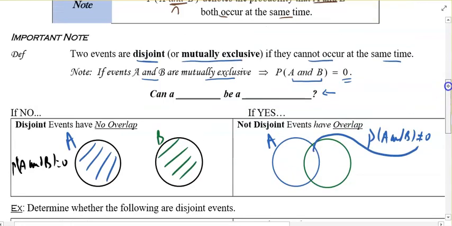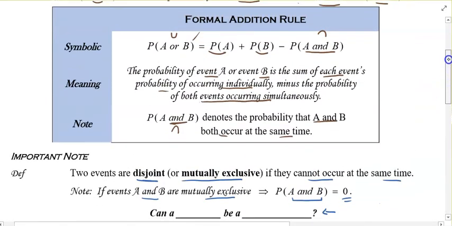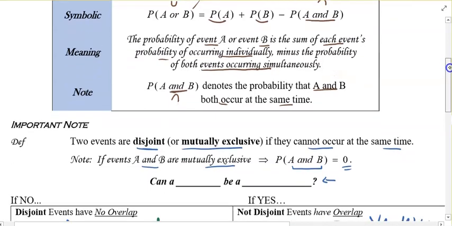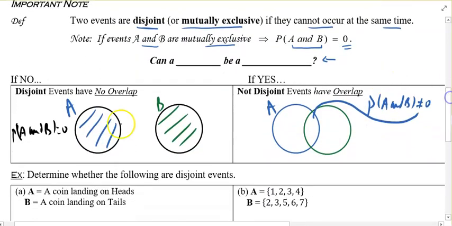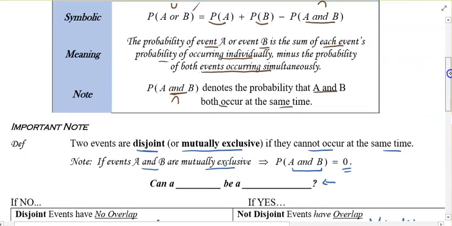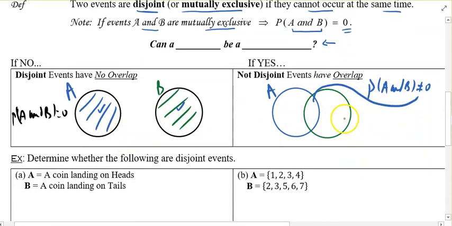And according to the formula that we have, probability of A or B, here it's the probability of A plus the probability of B. If you subtract the probability of A and B, well, that's 0. That really doesn't mean much. But here, if I say the probability of A or B is the probability of A, notice what I'm counting.